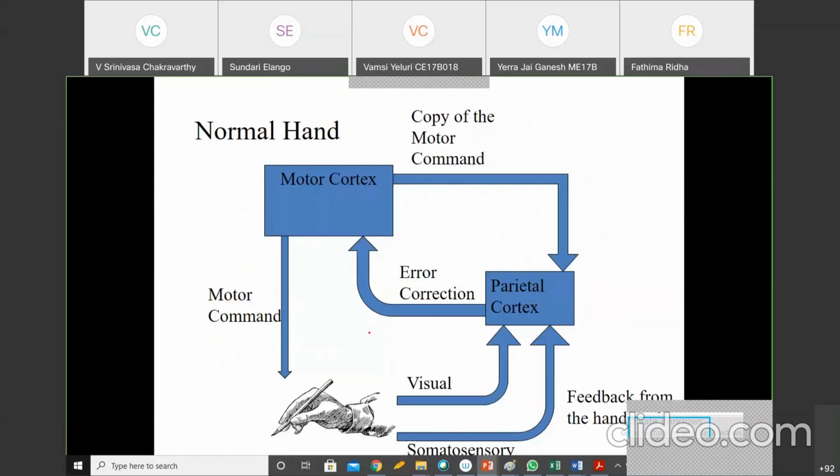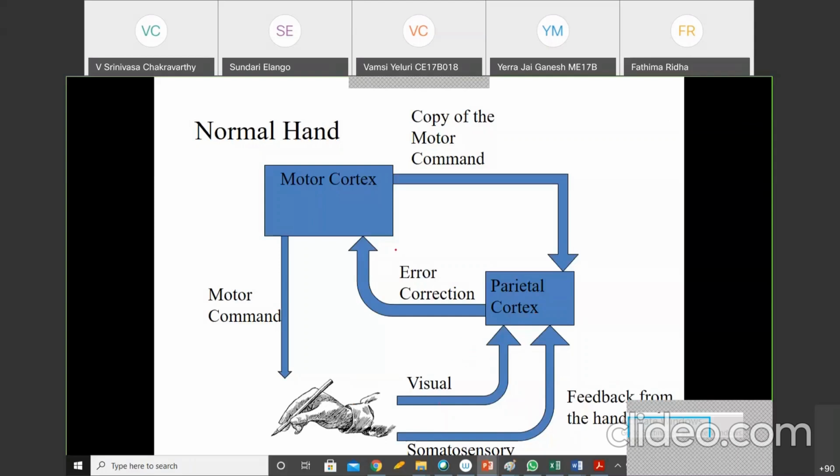Now the sensory feedback from the arm, in the form of visual information or somatosensory information, goes to the parietal cortex, because the parietal cortex has the sensory association cortices, and the primary visual and primary somatosensory areas project to it. So the parietal cortex now knows the state of the arm.